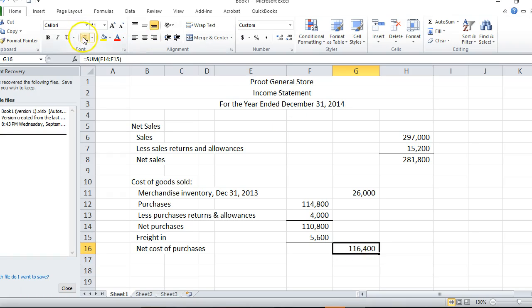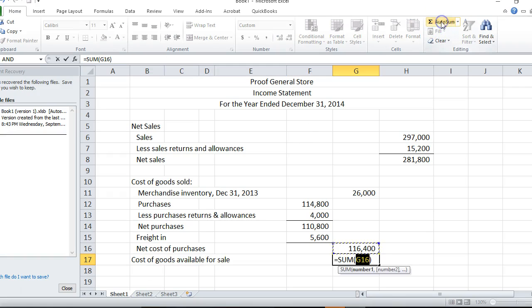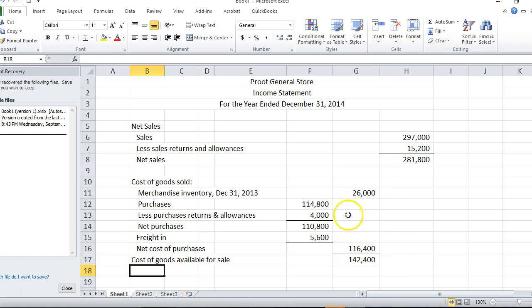Okay? So then cost of goods available for sale is going to be the sum of our beginning inventory plus our net cost of purchases, our 142,400. See that there?